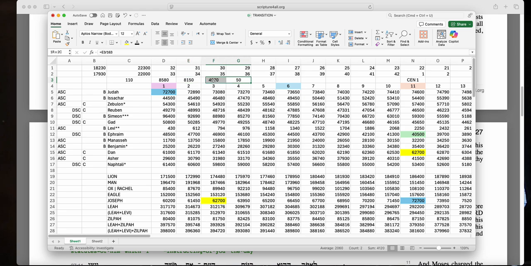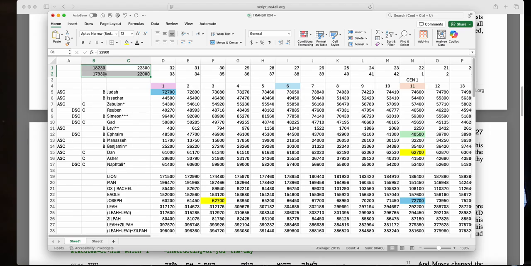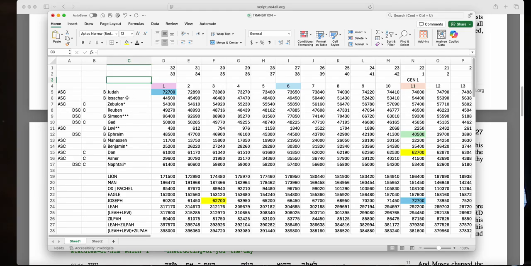I thought it was kind of interesting, but probably more convincing to people will be this concept of the blessings and curses. Because you're going to see that once we find the number for Levi, we see that he's an ascending number. He's one of the ones that are ascending as we're going left to right here.